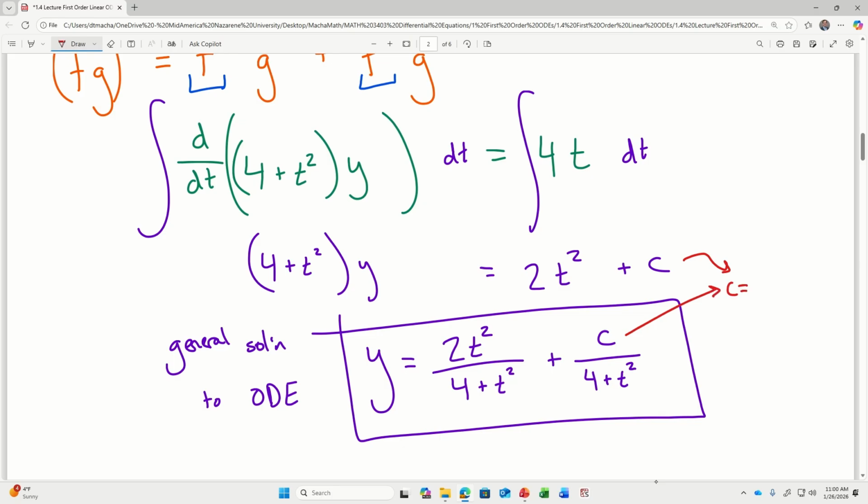And so the solution to the initial value problem would say that c is 4 plus t0 squared times y0 minus 2t0 squared. So given some initial time and initial value, t0, y0, you should be able to calculate what that constant c is going to be in your solution.